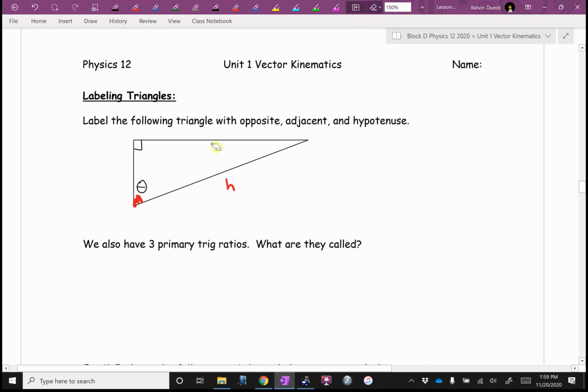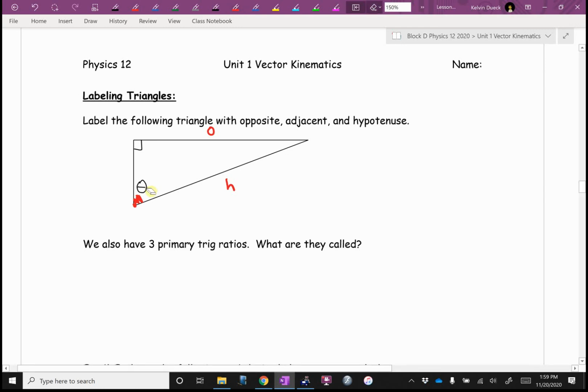Okay, the top side here, opposite or adjacent? How do I know? Well, the word opposite means facing. Sky and I, right now, are opposite each other. The word adjacent means beside. If you are sitting at a lab table with someone else, the two of you are adjacent to each other.